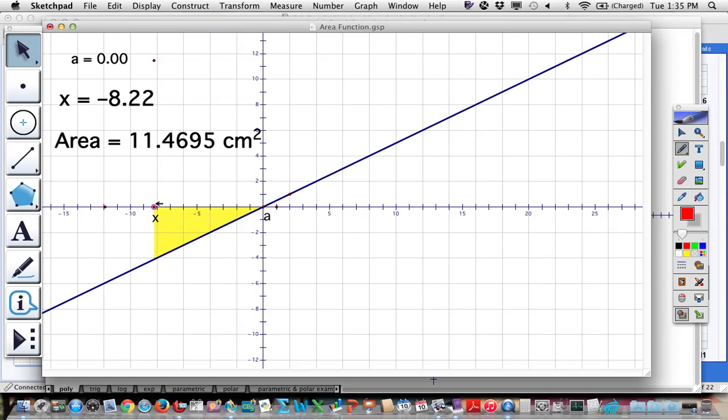Go down. Here it comes. It's going down because I'm losing positive area. It is going down until right here when I have no area. Then what happens? I start picking up some positive area. So my area graph goes back up. So my area graph was decreasing over here. Why? Because I was losing positive area.